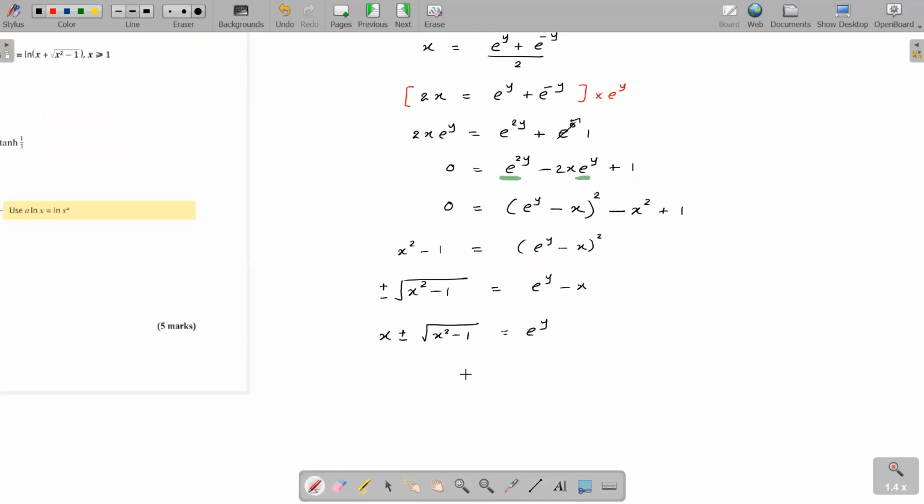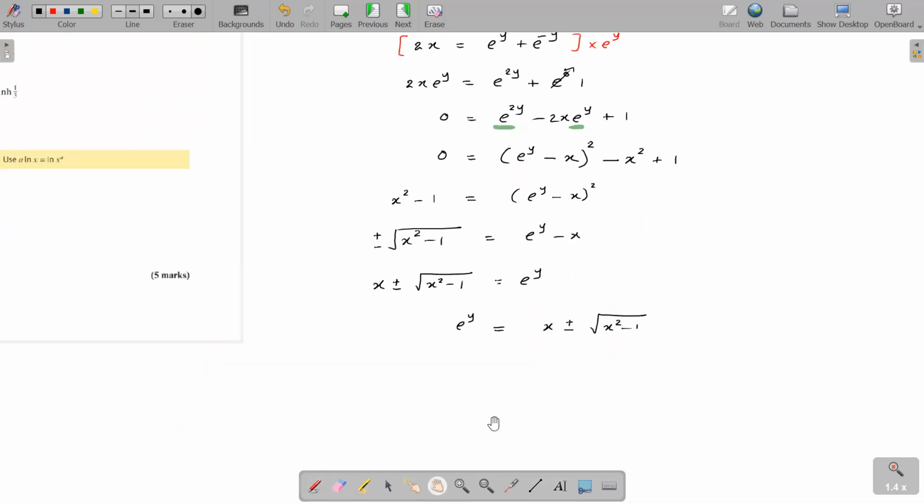Shall I rewrite this again? You agree, right? Then you can use the natural log on both sides to make y the subject. So I get y equals natural log of x plus or minus square root x square minus 1.